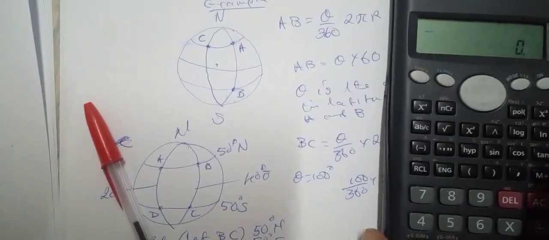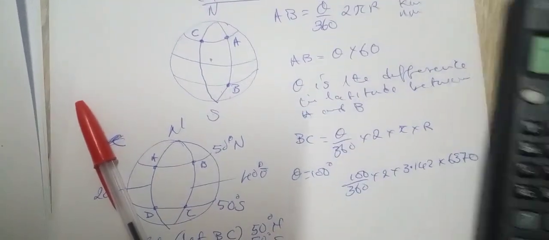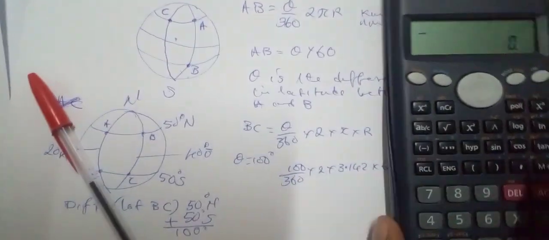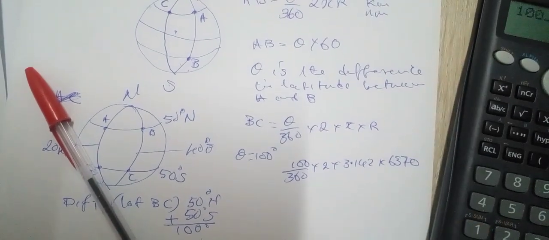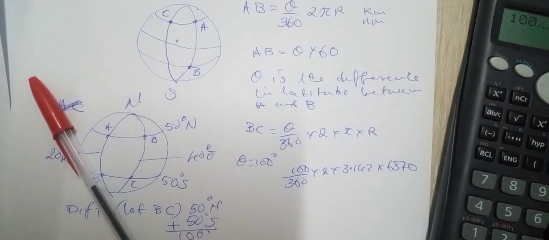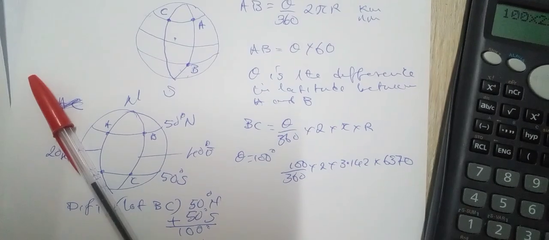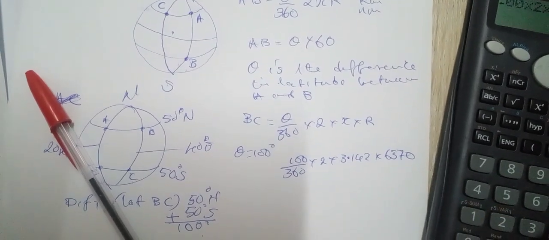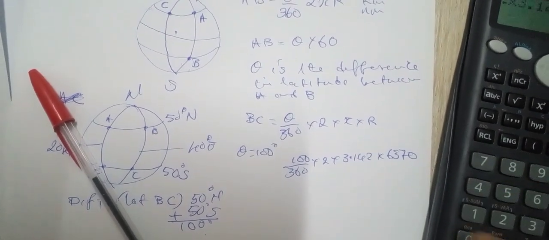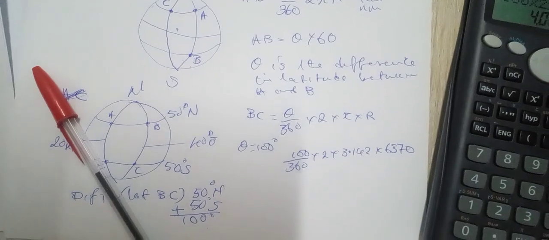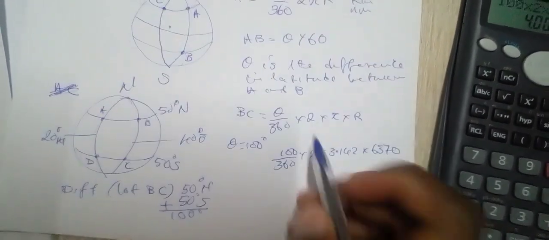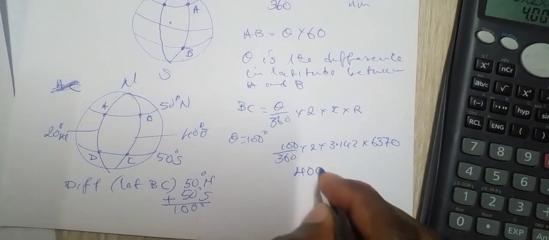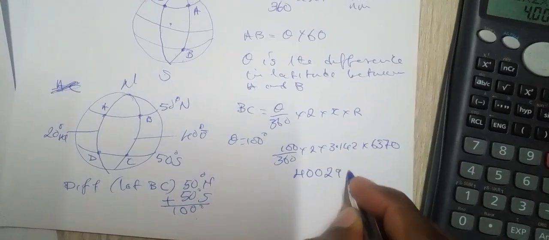So let's punch it in our calculator. You need to have a calculator. We punch all this: 100 times 2 times 3.142 times 6370, which gives us 4002908.